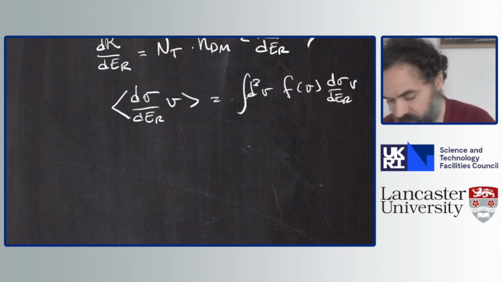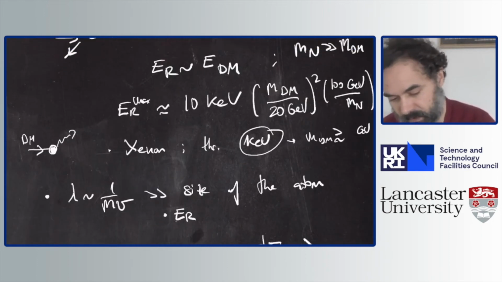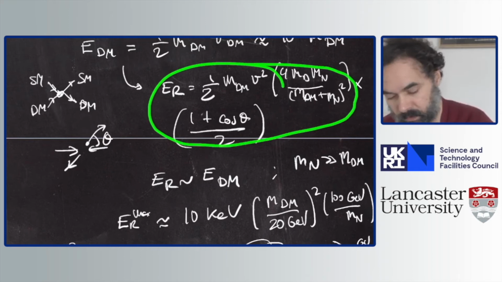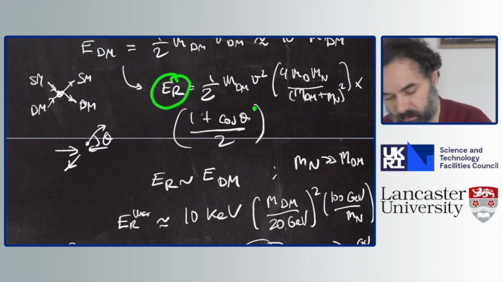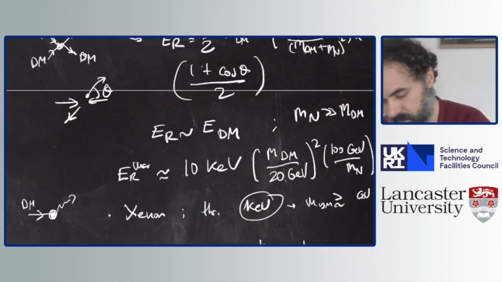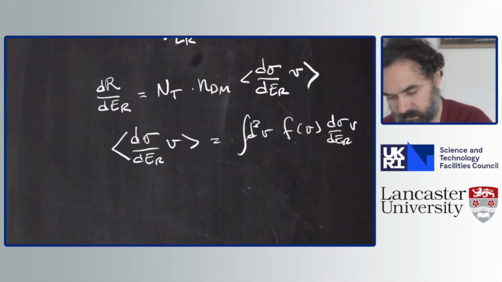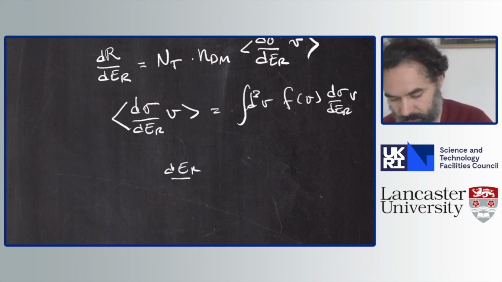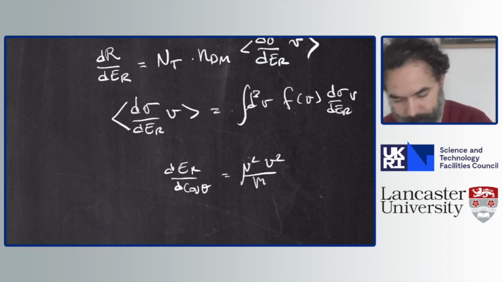The first of them is that from the expression up here, you can compute the derivative of E_R with respect to cosine theta. This is also standard in the literature, where mu is the reduced mass.